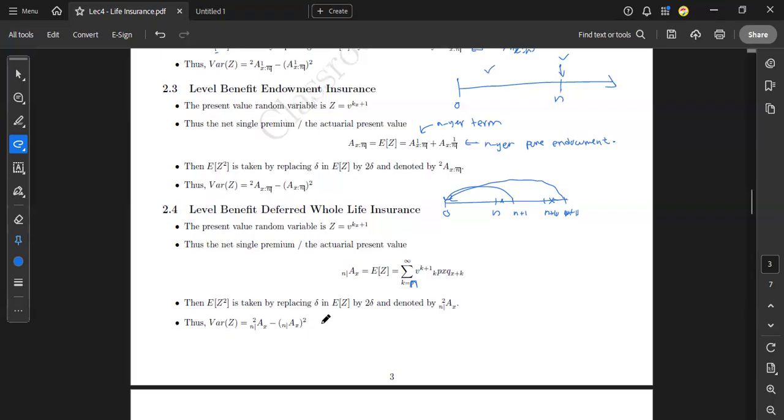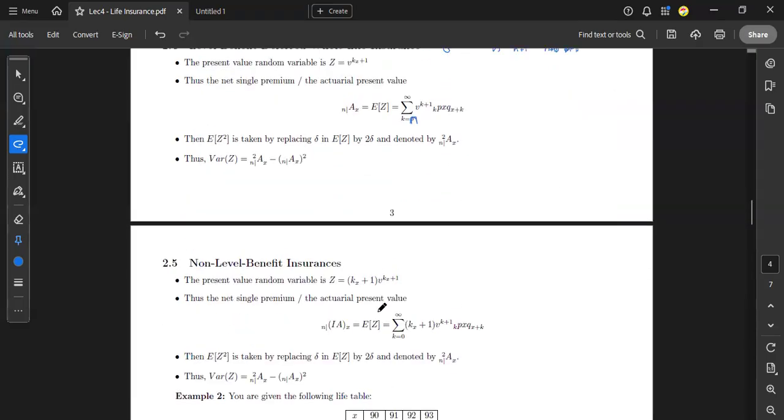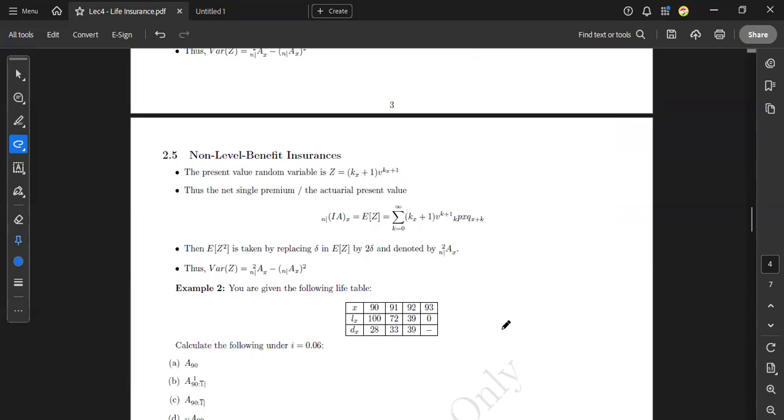To get the second moment, just replace delta by 2 delta, and we denote it like this. And we can get the variance likewise. And if it is non-level, again, similar to the increasing case, the non-level benefit means a changing or varying benefit.